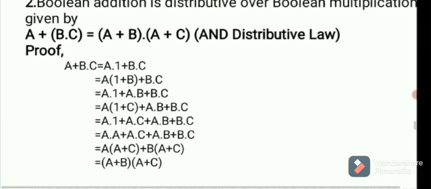Next, A.A equal to A, so we can write A.1 equal to A.A, and then taking A common of A or B, C, or B common of A or C, you can write (A or B) within brackets and multiplying (A or C).